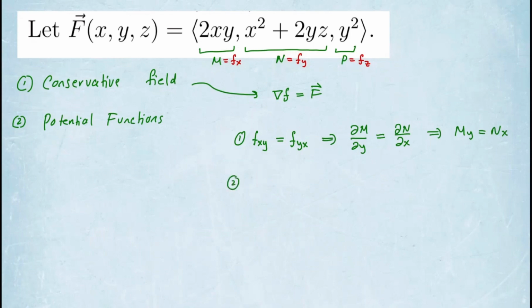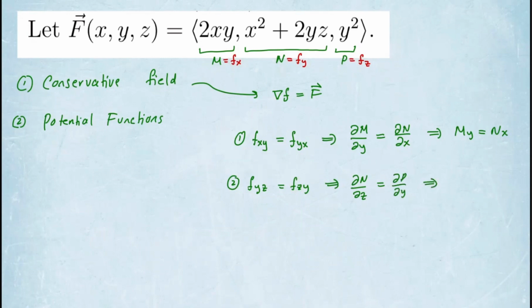Then second, we want to show that f sub yz is equal to f sub zy. This can also be written as the partial of f sub y, which is N, so we take the partial derivative of N with respect to z. We check this is equal to, f sub z is P, the partial of P with respect to y.